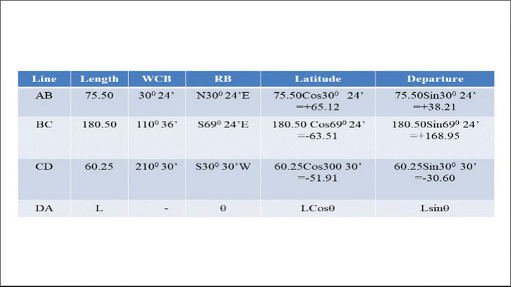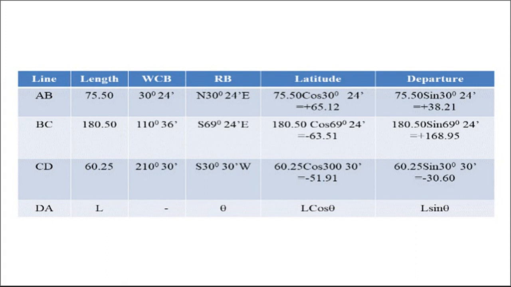Similarly, for line BC, the latitude is minus 63.51 and departure is 168.95. Similarly, for line CD, it is minus 51.91 and departure is minus 30.60. And for line DA, it is L cos theta and L sin theta, respectively, latitude and departure.